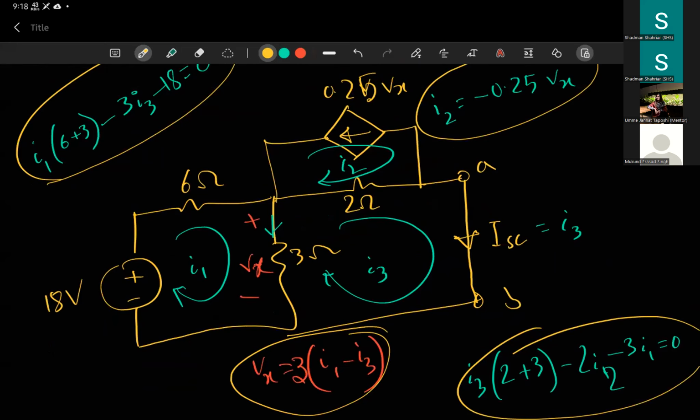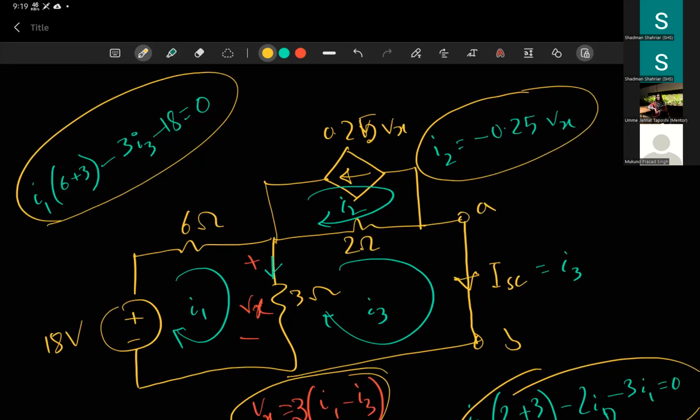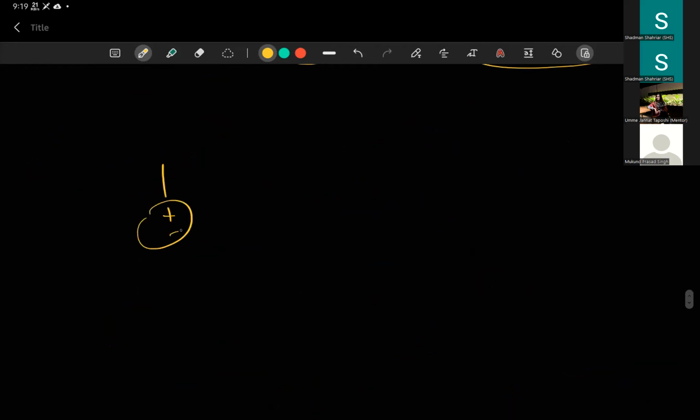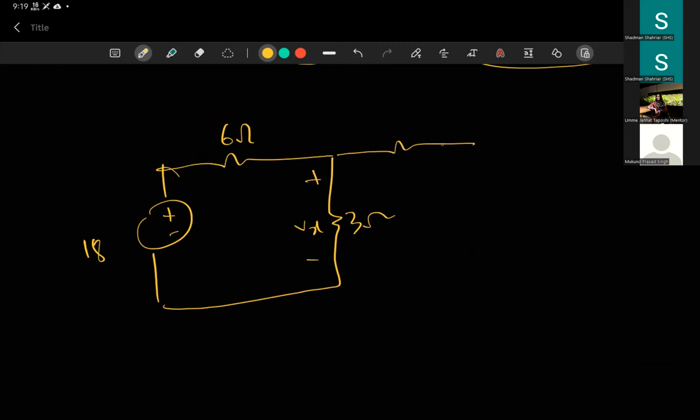Again, you can do this by using node analysis also. So if you're doing node analysis, this is 18 volts.